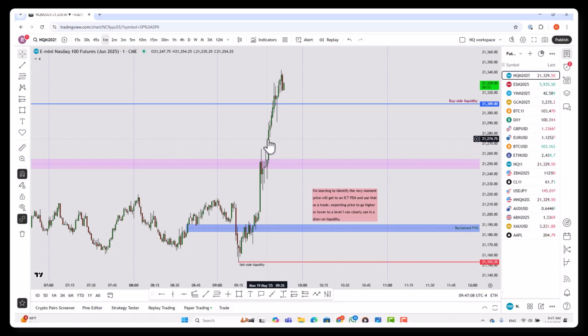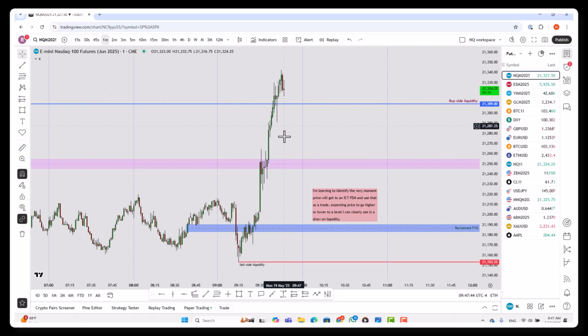This is a fair value gap. This one is also a fair value gap. Technically, this is the first presented fair value gap because it is after 9:30, right? But this one is the ICT 2022 model: sell stops raided, the first fair value gap, buy, and target the buy side liquidity here.